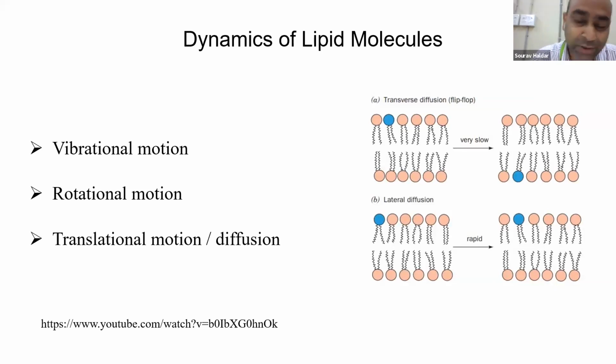Any molecule will have three degrees of freedom, that we know. One will be vibrational degrees of freedom, one will be rotational degrees of freedom, and another one will be translational degrees of freedom. So why wouldn't they work for lipids? That's why the lipid molecules are constantly exhibiting these dynamic features, and they also influence the dynamics of the proteins that are embedded in the membrane bilayer. Vice versa, protein will also influence the dynamic features of the lipids.